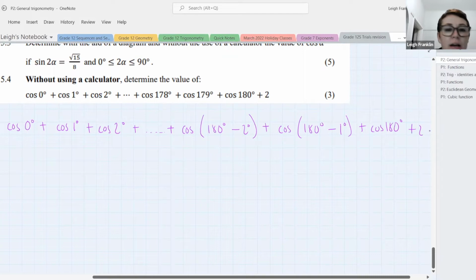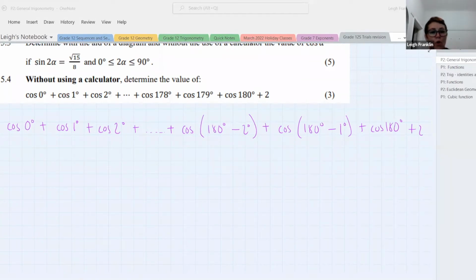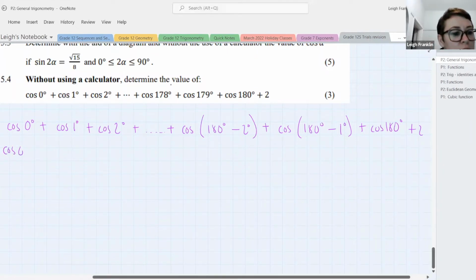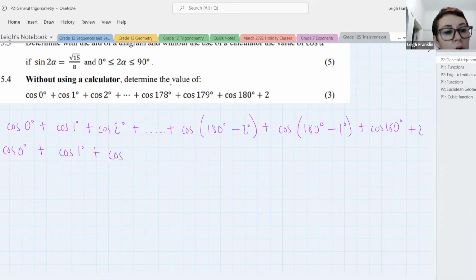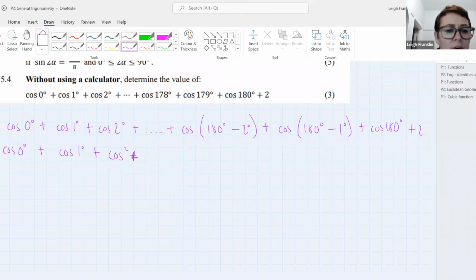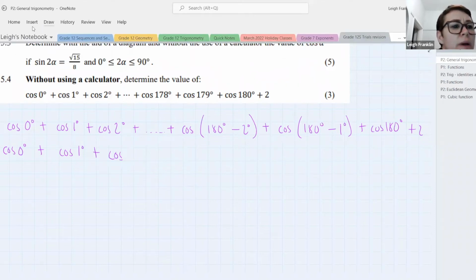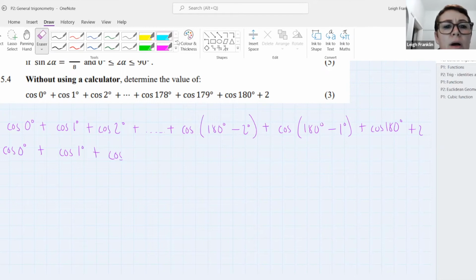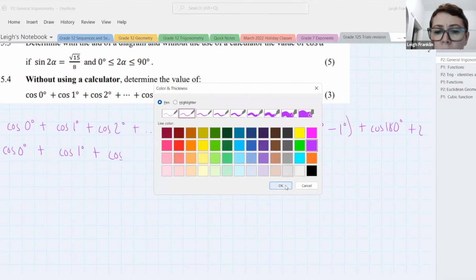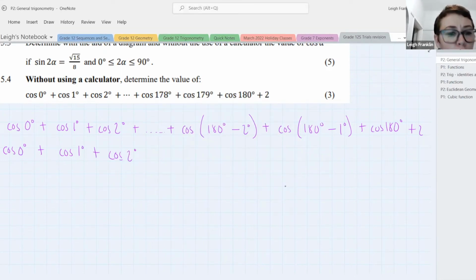So can you see how clever this is? This is a pattern. So you're going to end up with cos 0 plus cos 1 plus cos 2 plus and so on.